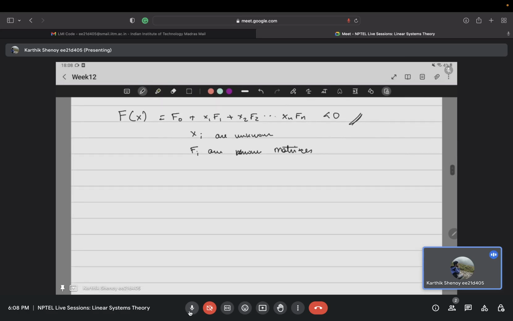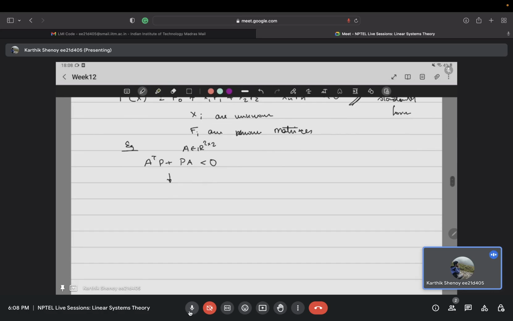So in your Lyapunov case, let's take a two-dimensional case where A belongs to R 2 cross 2, then A transpose P plus PA less than 0 can be converted to this. So this is called the standard form. So let's take a 2 cross 2 matrix, and P greater than 0.